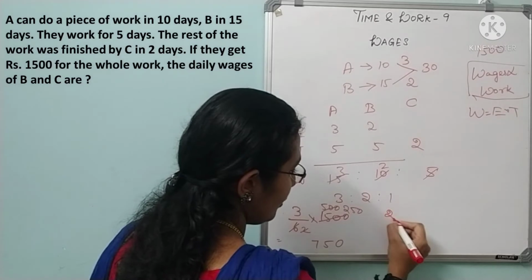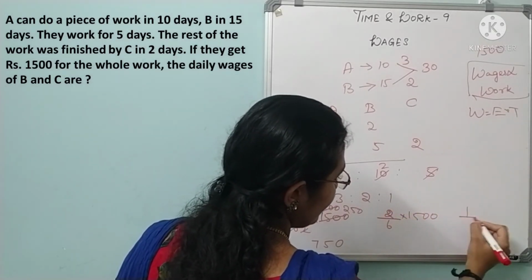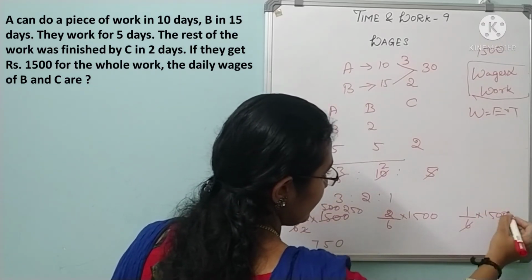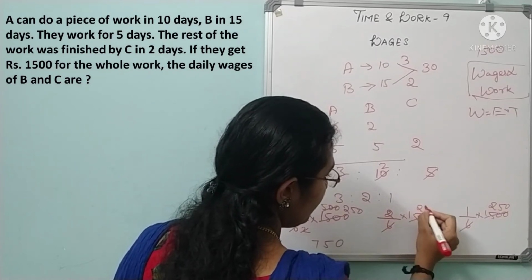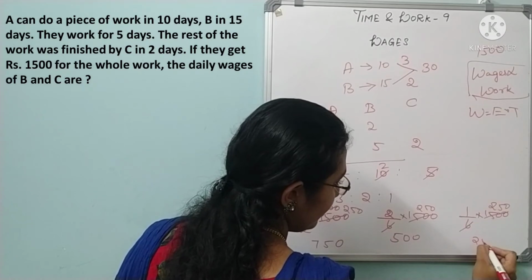For B it is 2 by 6 into 1500, which is 500. And for C it is 1 by 6 into 1500, so again it is 250.